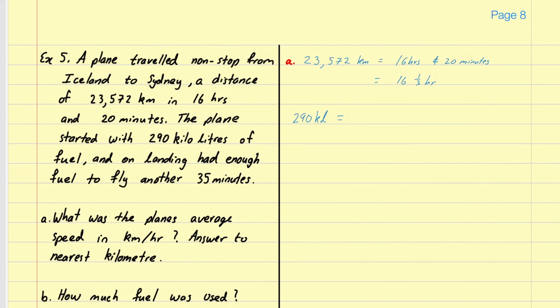So in other words, to use up this whole 290 kiloliters, they must have done the 16 and a third hours of travel, which they did, plus another 35 minutes. So all up, this is going to come to 16 hours and 55 minutes.